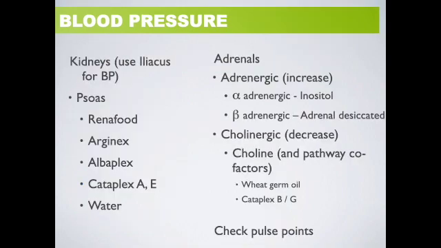So, of course, if we suspect kidney issues, we look at the psoas, and these are some standard process kind of classes that have been used to test a weak psoas if you suspect kidney issues. And then, of course, we want to look at the adrenals, specifically the adrenal medulla hormones.